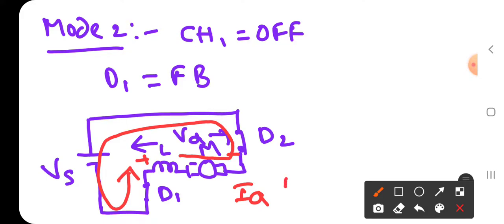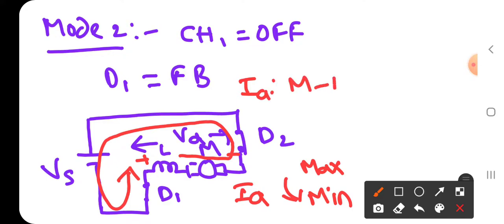Therefore IA decreases from maximum to minimum. Then what is the path of IA? IA will flow from motor to D2 to Vs to D1 to inductance and motor again.